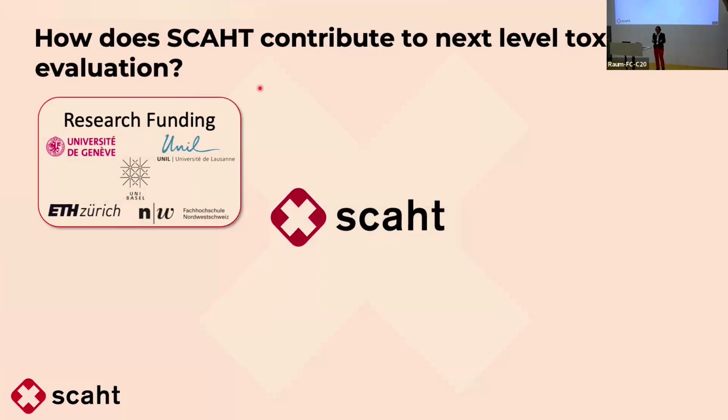So what does this have to do with SCAT? SCAT is having different tasks. On the one hand, we do research funding of founding universities. So this is basically the University of Genève, where the home of the foundation of SCAT is. Then the University of Lausanne, ETH in Zurich, Fachhochschule Northwestern Switzerland, and Uni Basel.